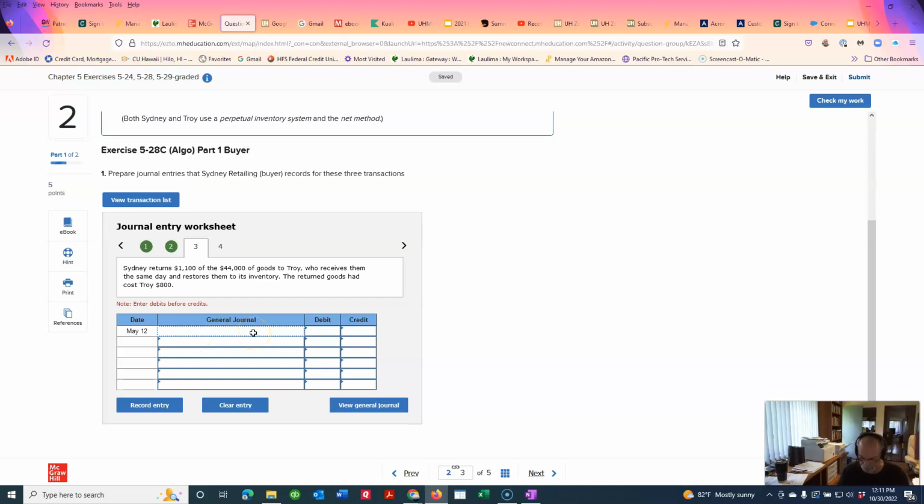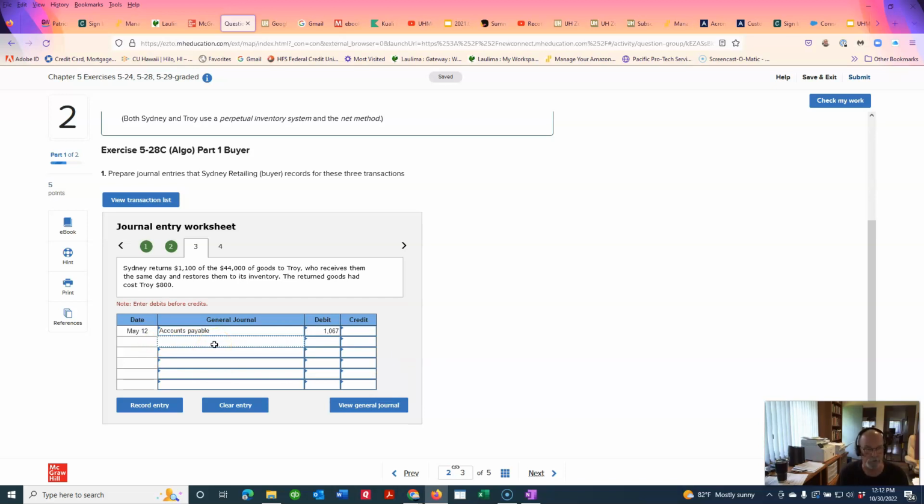So we have a reduction in the amount owed, accounts payable, and it's $1,100 less 3%, and 3% on $1,100 is $33. So we take the $1,100 and we subtract 33, and our net purchase return or reduction in our inventory and amount owed is going to be $1,067, and that's our debit.